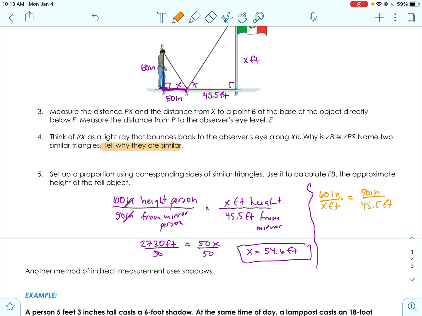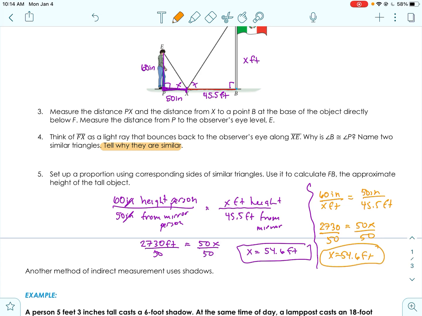If you cross multiply, you get 60 times 45.5 again, which is going to be your 2,730. And then that's equal to 50x. If you divide by 50 here, you get x is equal to 54.6 feet.